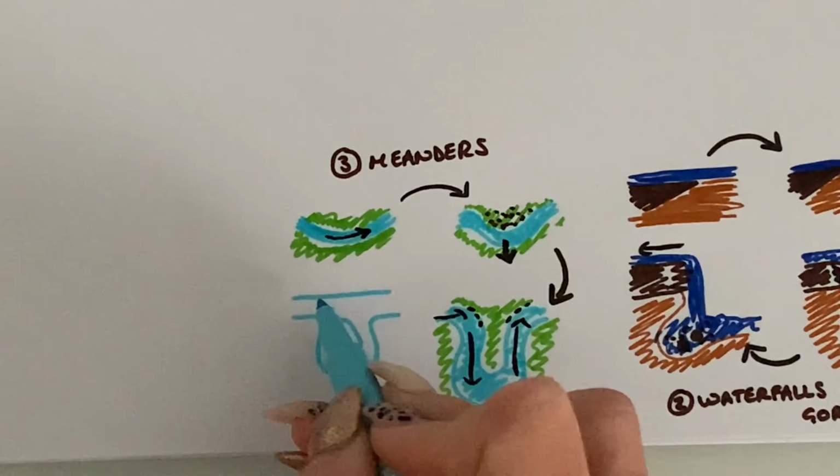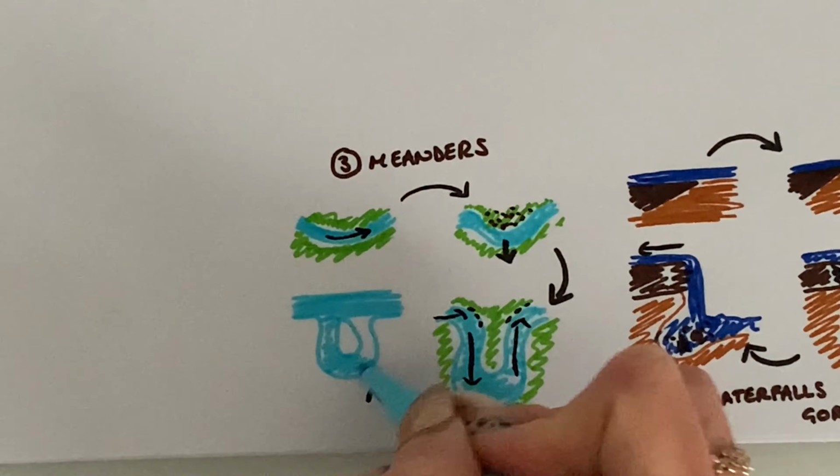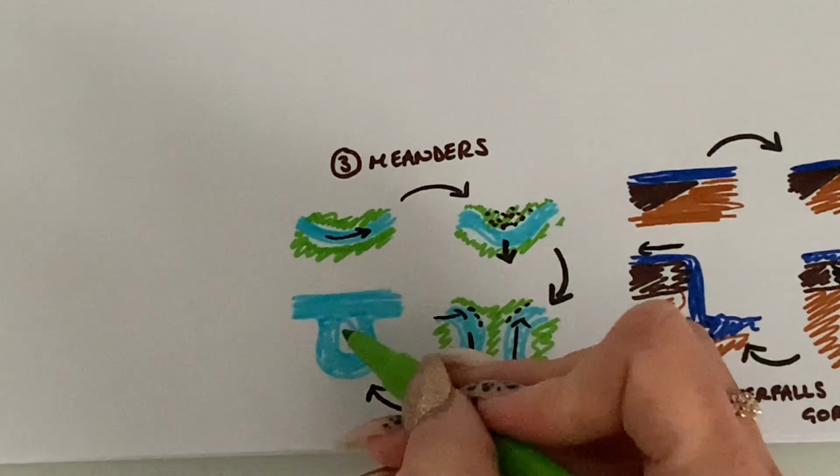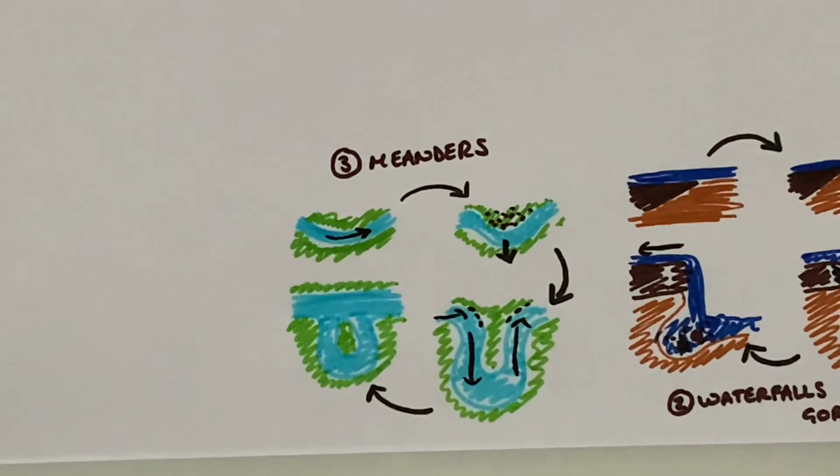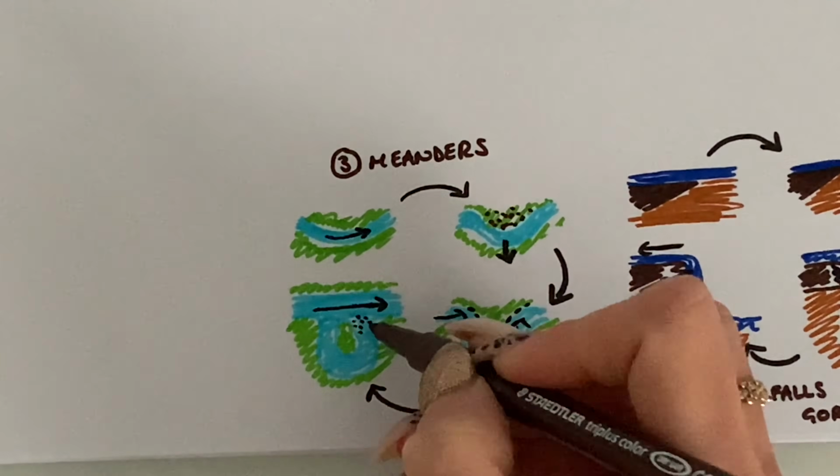Continued erosion causes the river to cut through the neck of the meander completely, creating a shortcut for the river current. Material will then be deposited at the side of the riverbank where the former river channel current travelled through.